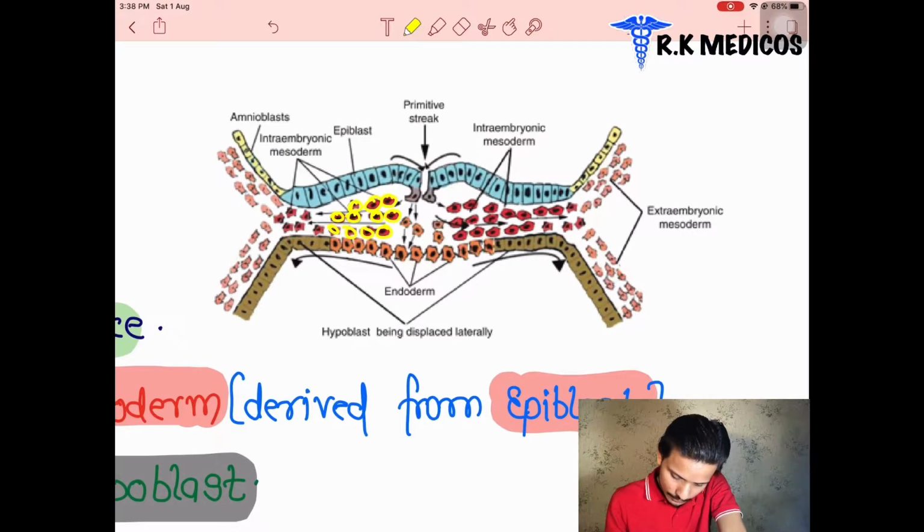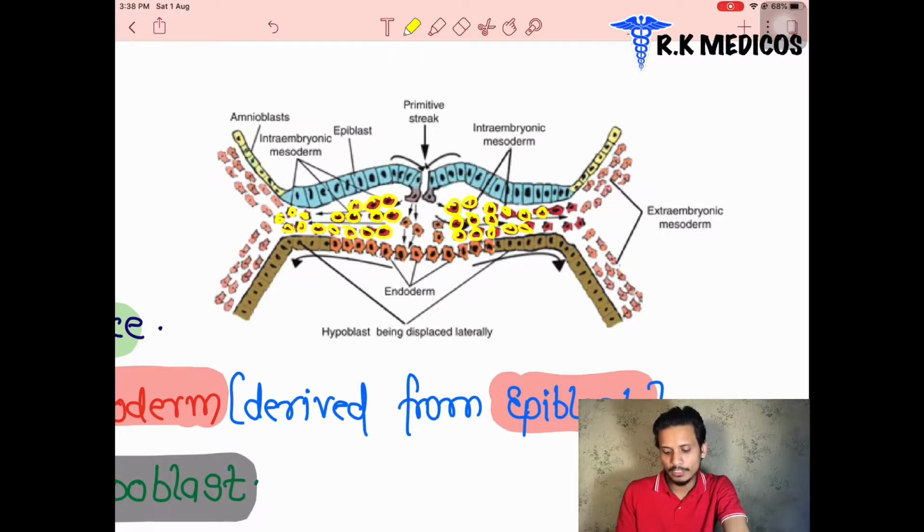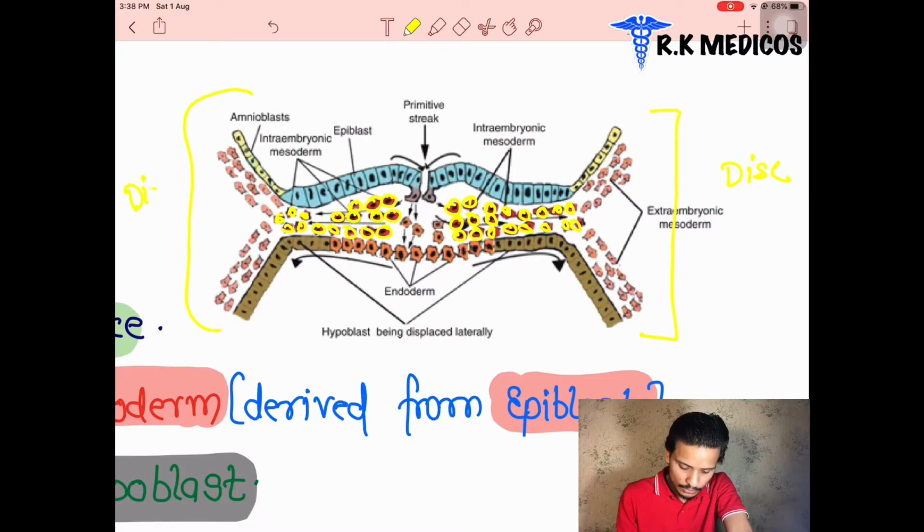Same here too. These yellow cells are present all over the disc. This is the disc here, this is the upper part of the disc, and this is the lower part of the disc.